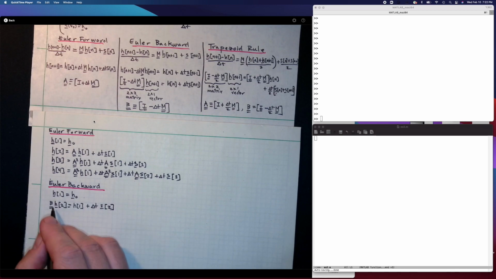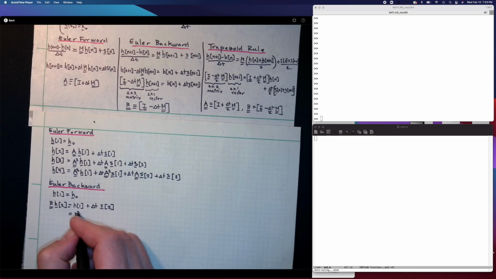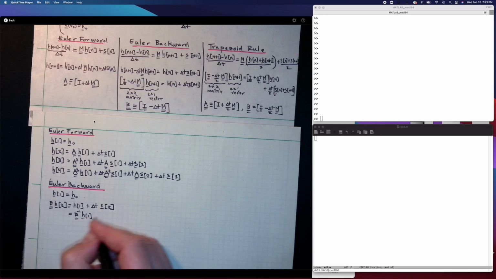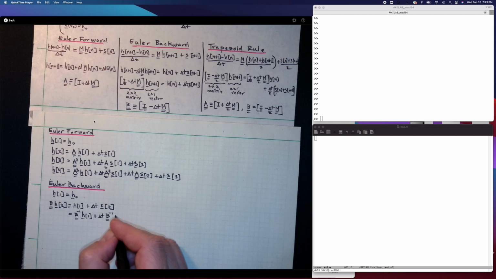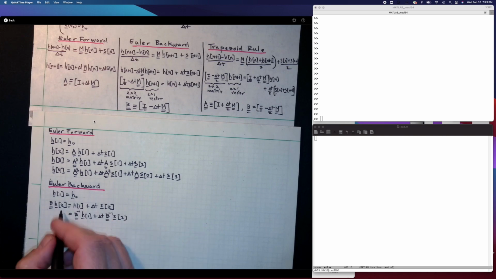So that if I want to solve for this, I'll get B inverse h1 plus delta t B inverse s2. That will be h2.